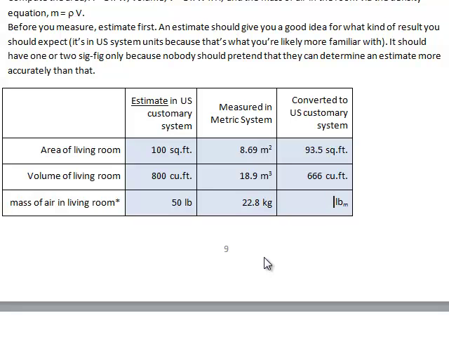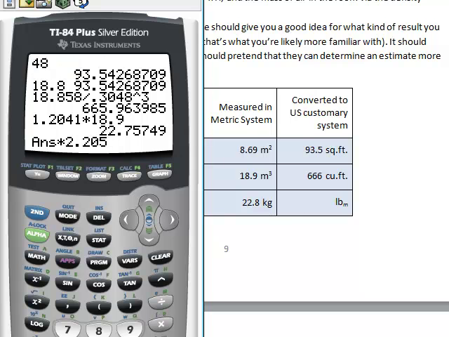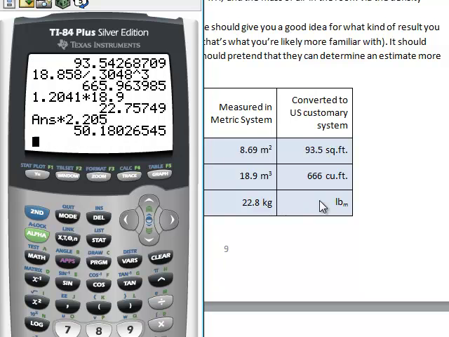The conversion is the same as it is for the pound, and the number value is going to be the same. So I'm going to multiply it with the conversion factor from kilograms to pound mass, which is 2.205, and I come up with 50.2 pounds.